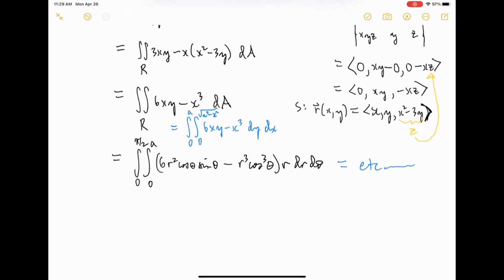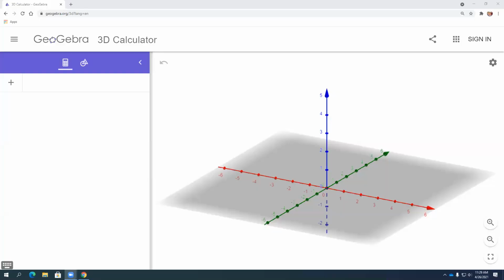I wanted to go back. Oh, and by the way, if we would have done that the old-fashioned way, if we would have just done the actual curve integral around the boundary, how many curves would we have had to split that thing into?